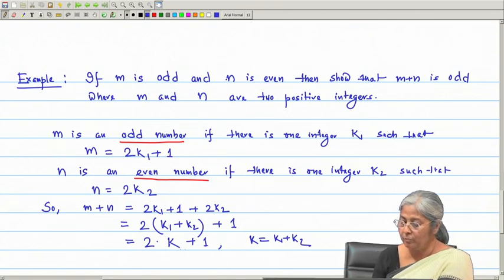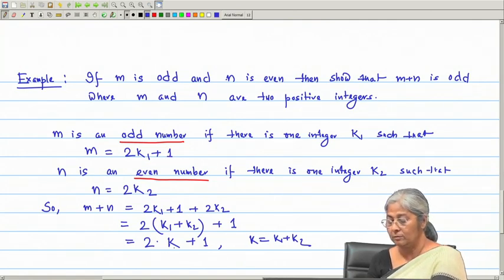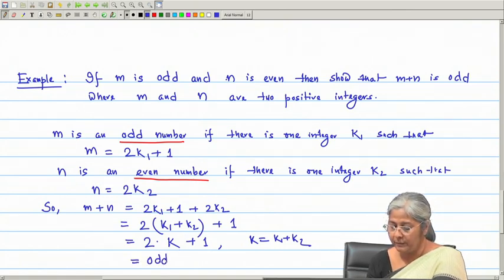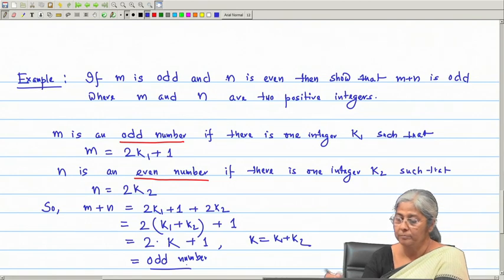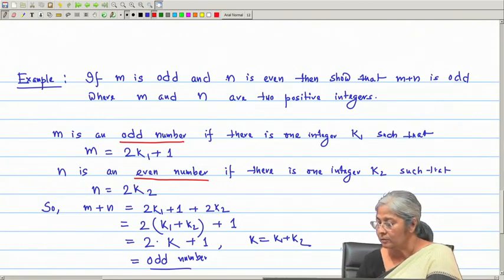So, this is of the form of odd, because we have defined m equal to 2k1 plus 1. That means, for integer m plus n, there is one integer k equal to k1 plus k2, such that m plus n equals 2k plus 1. So, this is some odd number. So, the theorem is proved.